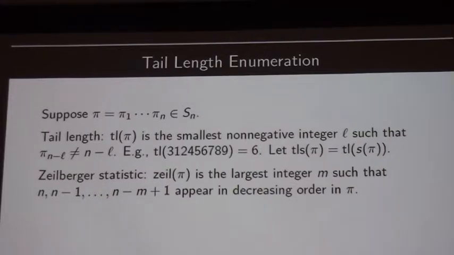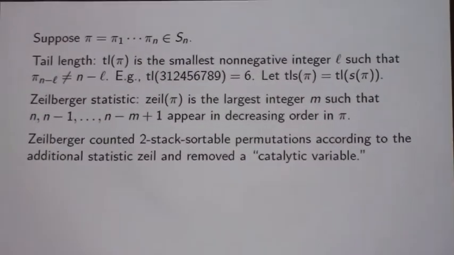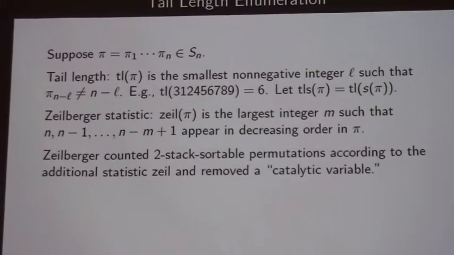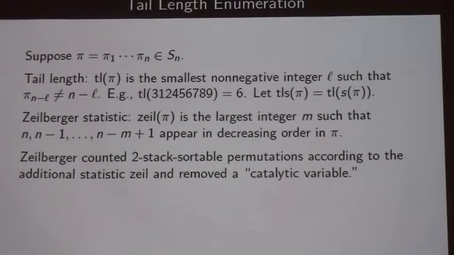This really emerged first in Zeilberger's work on two-stack sortable permutations, and essentially what he does, in a very rough sense, is count two-stack sortable permutations according to this additional statistic Zeil, and then this gives him a bivariate generating function equation, and he has to remove an additional catalytic variable in order to get this formula for w sub 2 of n.